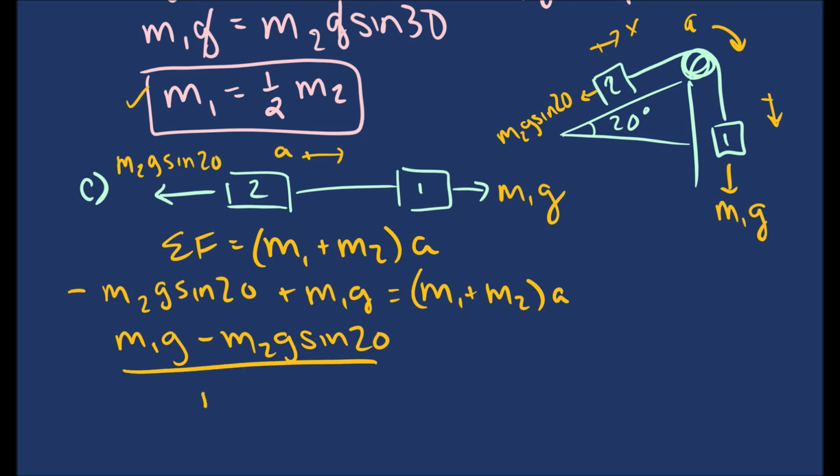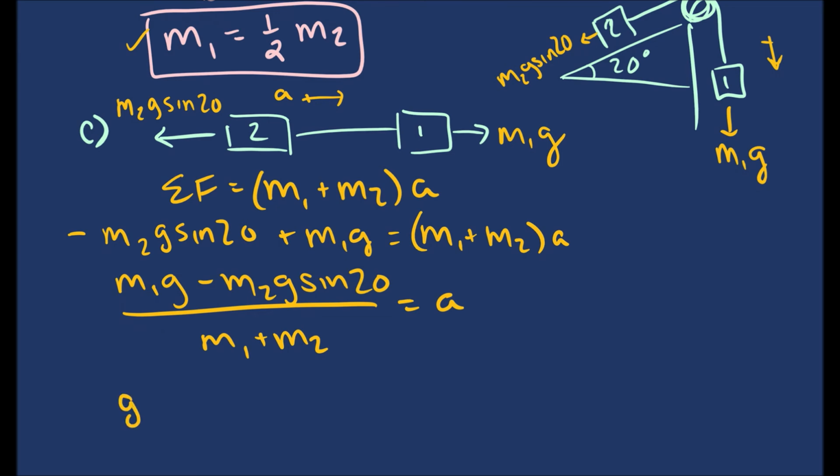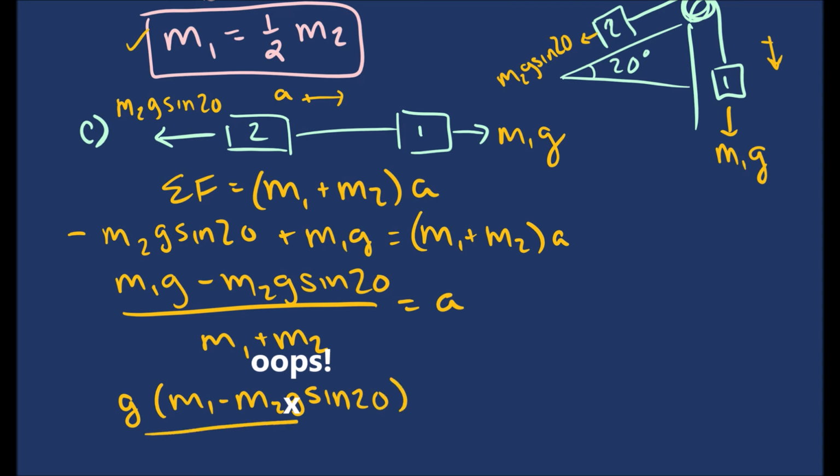Then we divide by m1 plus m2, and that equals A. I can pull out a g, but that's about all I can do right now. So we get g times m1 minus m2 sine 20, divided by m1 plus m2, and that all equals A.